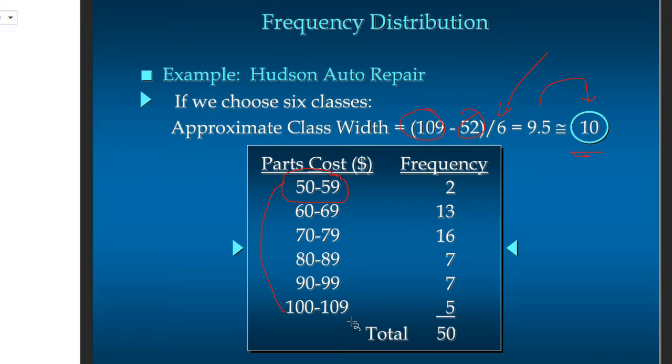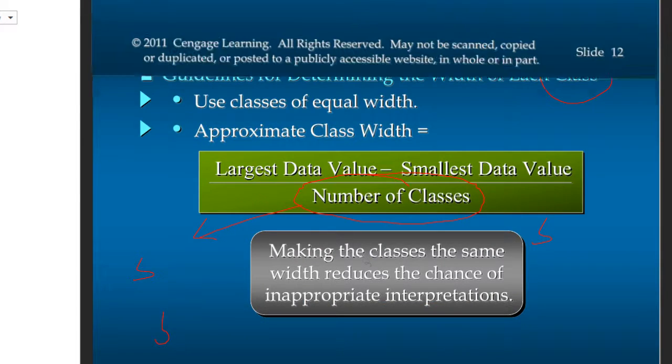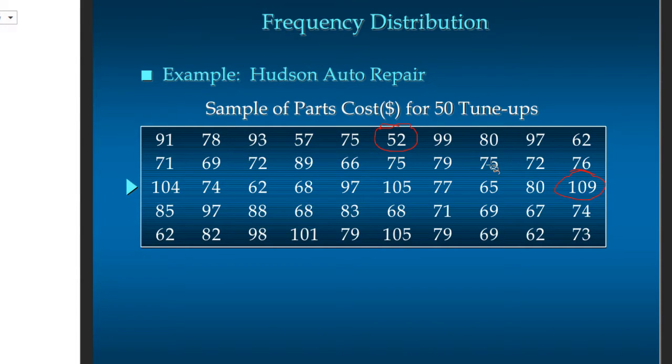So it goes all the way up to 109, which is our biggest number. If we set it up like that, it will definitely cover every single number in our original data set.